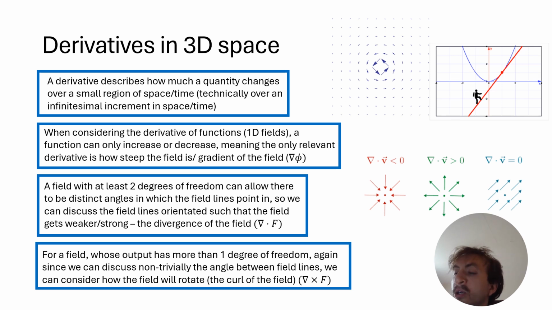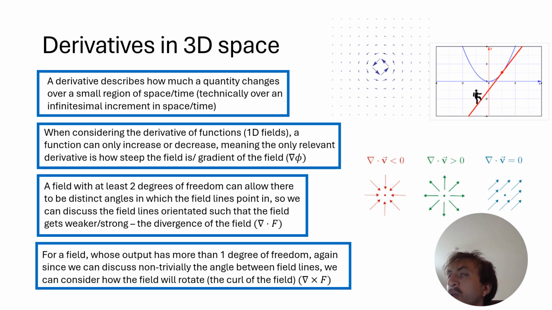The second type of derivative which we can apply to a field with more than one dimension, which wouldn't work for a field of one dimension, is the idea of the curl. And the curl again makes use of the relative angle between field lines, thus it wouldn't work for a one-dimensional field.